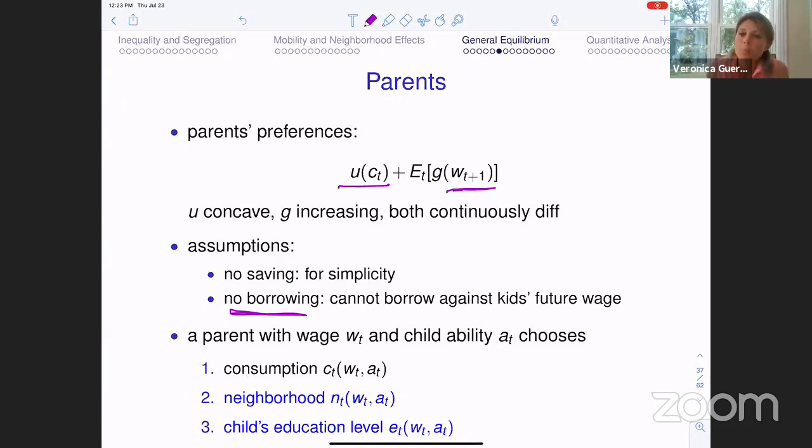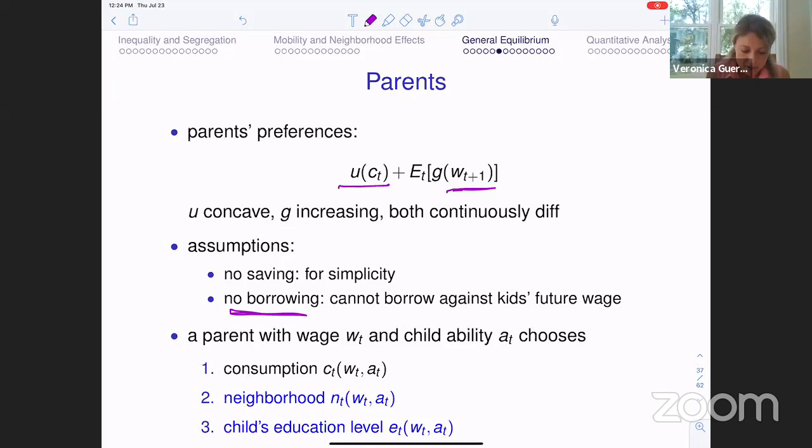We don't think it's reasonable that you can go to the bank and say, my kid is super smart, give me money to move to a neighborhood where the schools are great. And so, of course, we need to impose some form of borrowing constraint, and this is a simple way of doing it. Okay, U is concave, G is increasing, and both are continuously differentiable.